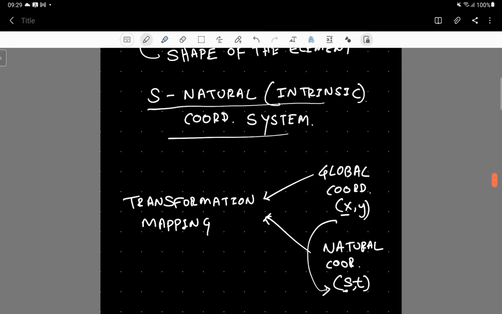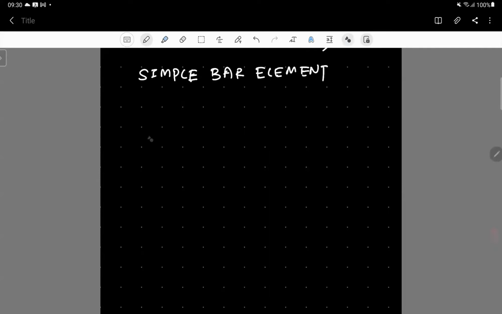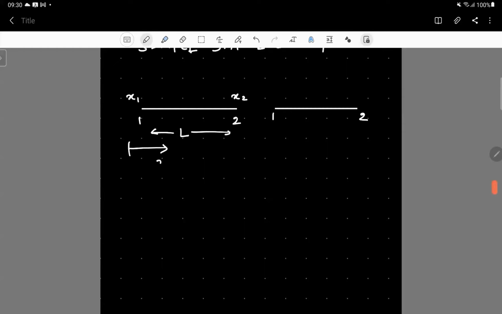Let's consider a simple bar element. We can define a bar element having only two nodes. If we use the global coordinate system x, we can define x1 and x2 to define the nodal coordinates for the bar having a length L. x is the coordinate and u is the displacement, the nodal displacements when we use the x coordinate system.